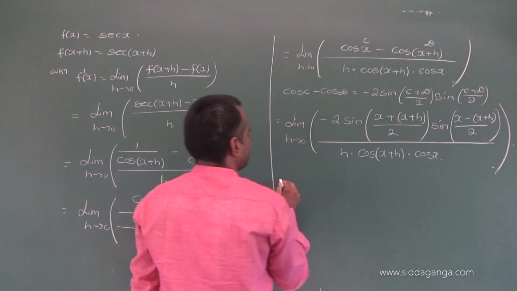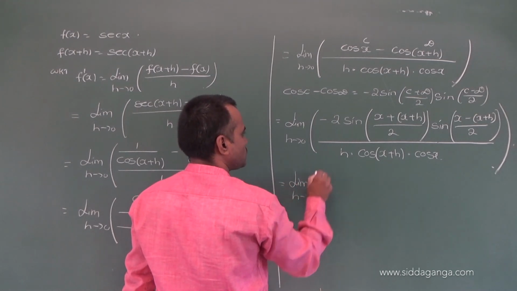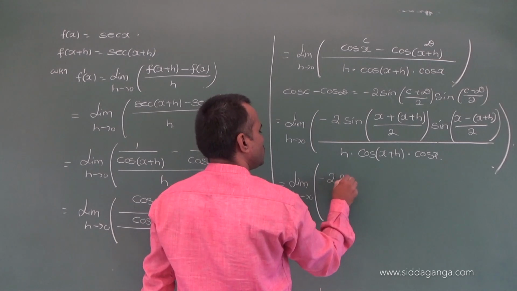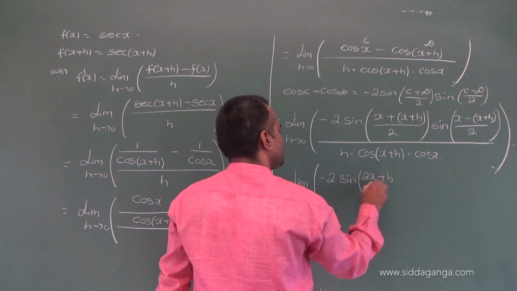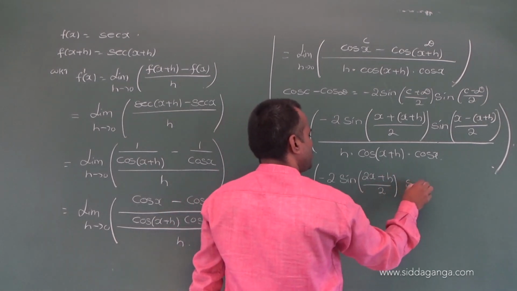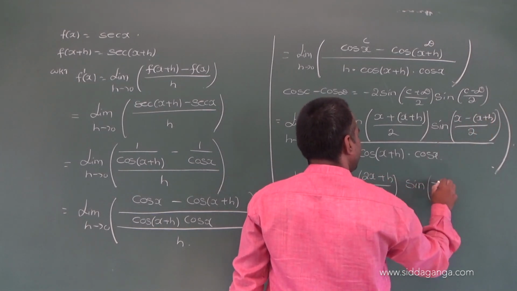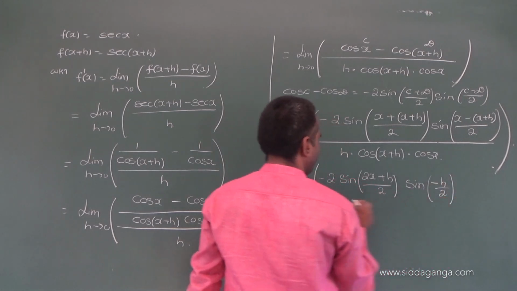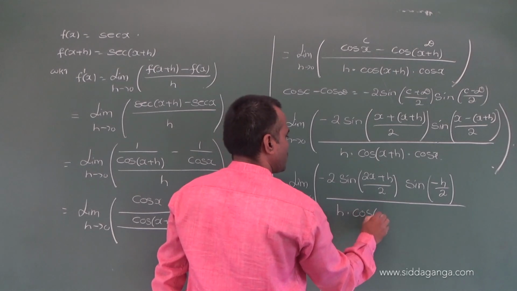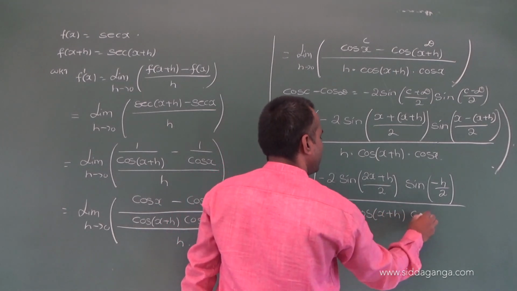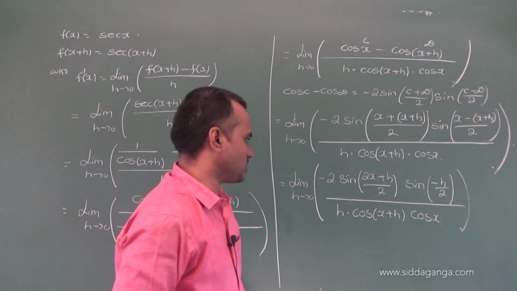So x plus x is 2x, limit h tends to 0, minus 2 sin of 2x plus h by 2 into sine of, observe here, x and x cancel, leaving minus h by 2, whole divided by h into cos of x plus h into cos x.